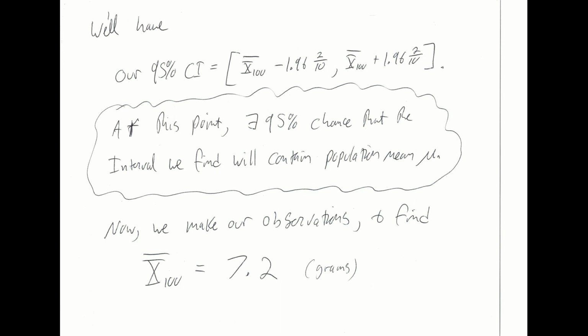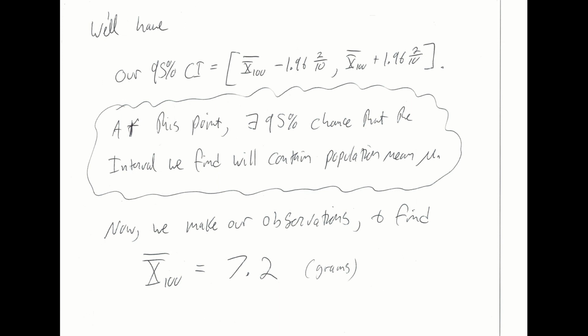And at this point, there is a 95% chance that the interval we eventually find, once we make our observations and calculate the confidence interval, will contain the population mean. That is part of our interpretation of confidence intervals.